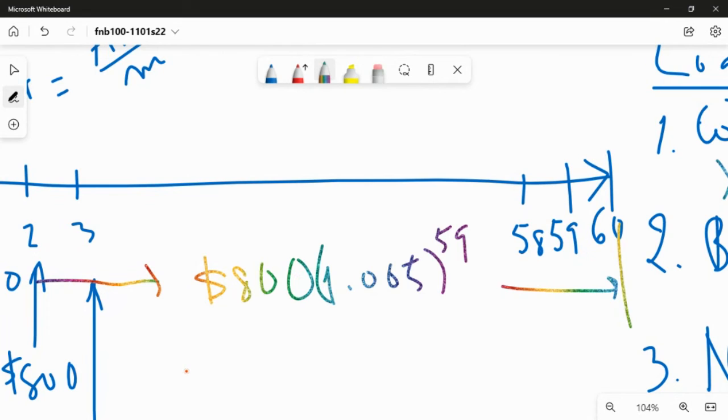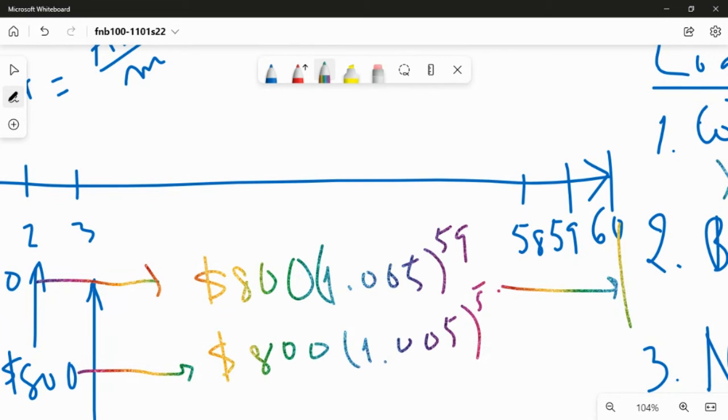And then the second deposit, by the end of this timeline, is going to be 800 times 1.005 to a lower power, and so on.